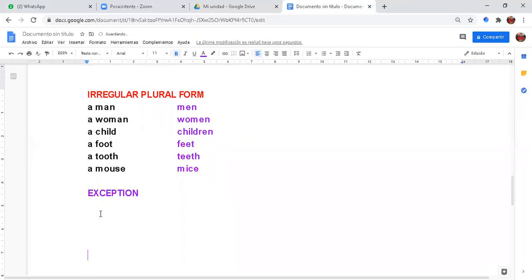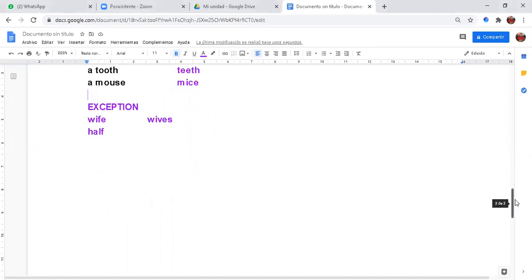For example, we have wife, and the plural of wife is wives. I have another, half, and the plural of half. Exceptions.